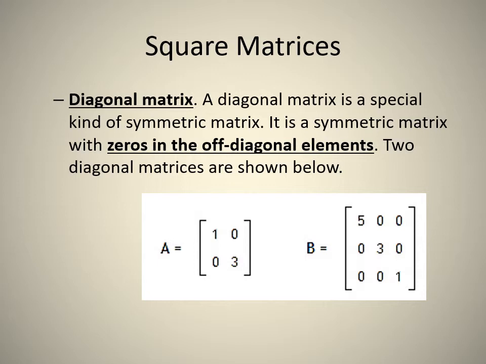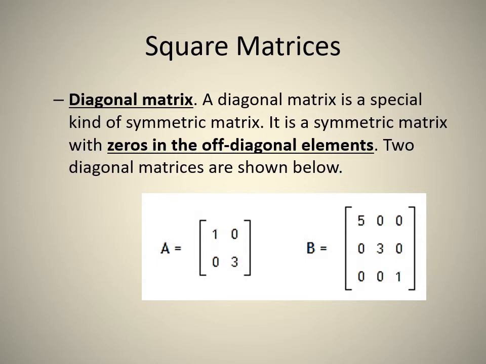Remember that the diagonal would be the elements from top left to bottom right, diagonally across the square matrix, and a diagonal matrix would be a matrix only with a diagonal unequal to 0. The off diagonal elements would be zeros.